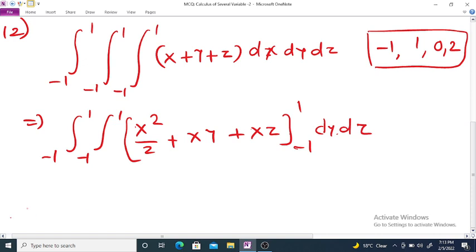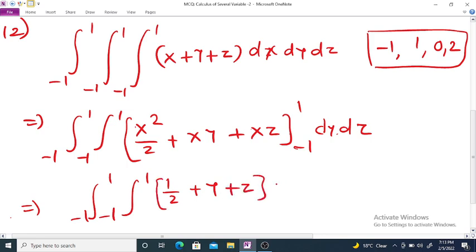If you put in the upper and lower limits, for the upper limit it is 1 by 2 plus y plus z, and for the lower limit it is plus 1 by 2, since it is a square, minus 1 square is 1, so 1 by 2, then minus y and minus z, dy dz.